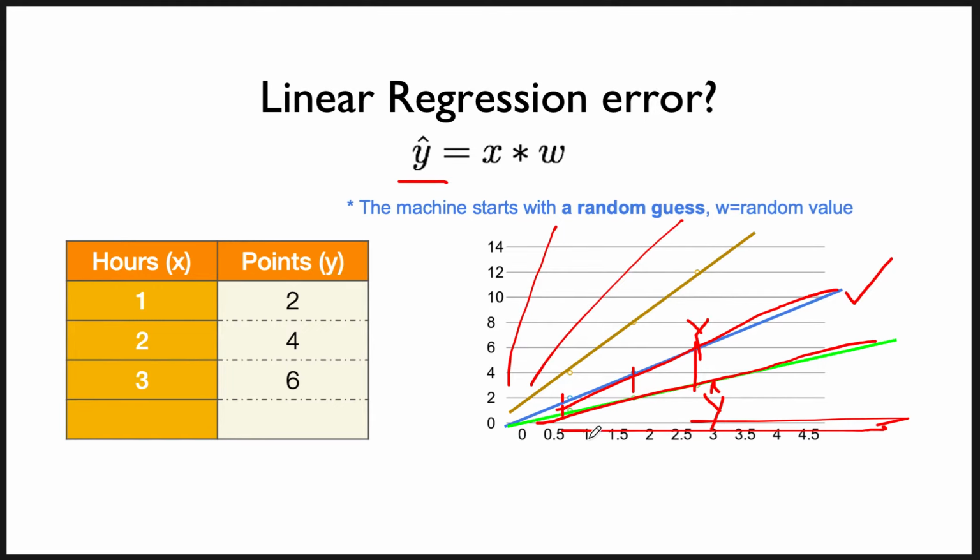Basically, we find the differences between them. Since the sign doesn't matter, we take the difference and square it. We call this the error. The target of machine learning is to make this really small.